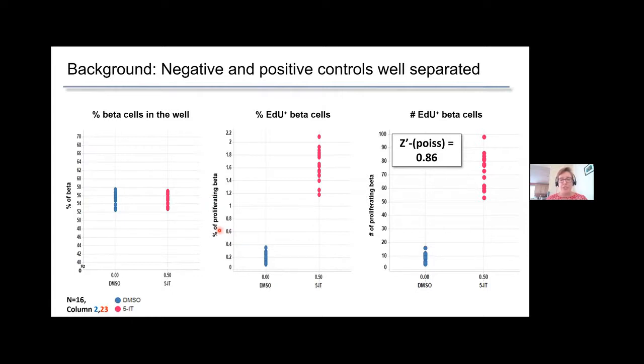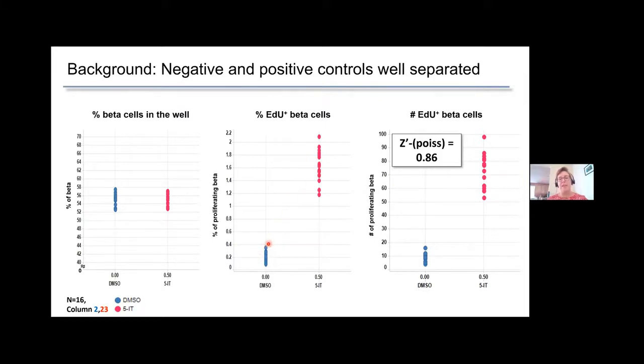And when we look at the percent and the number of proliferating beta cells per well, we get less than 0.5% proliferating, and that increases. And this is where there is some donor variability, but this separation is not variable.